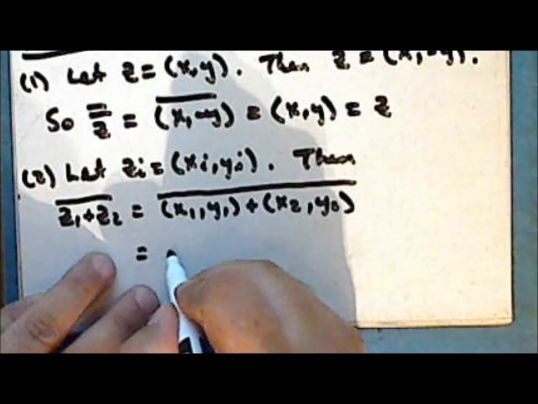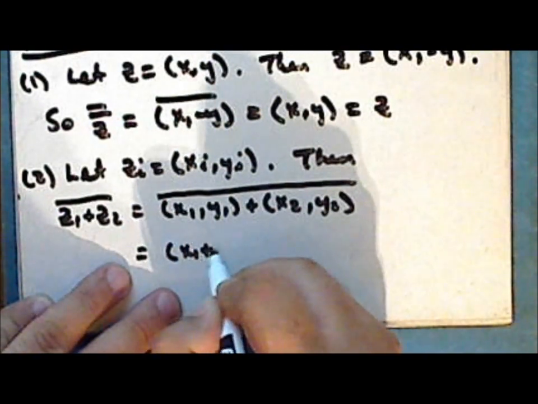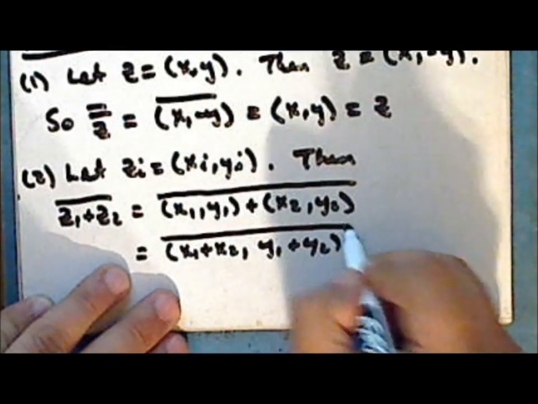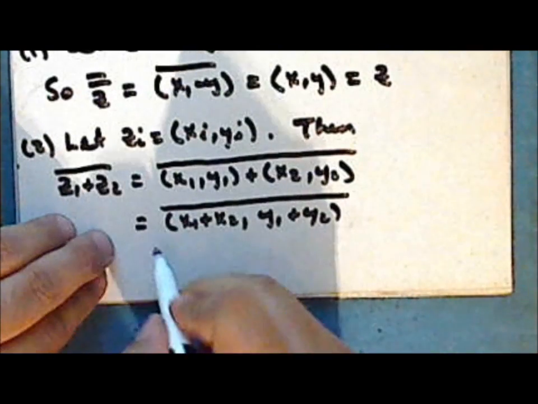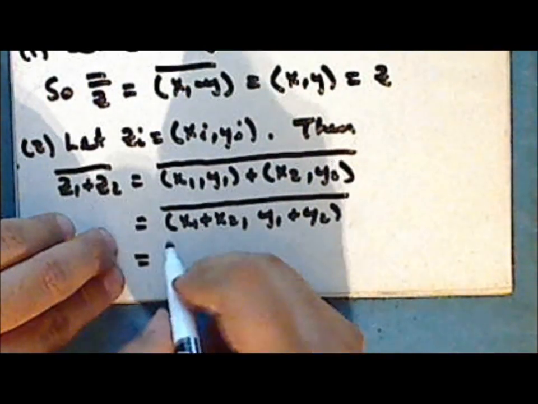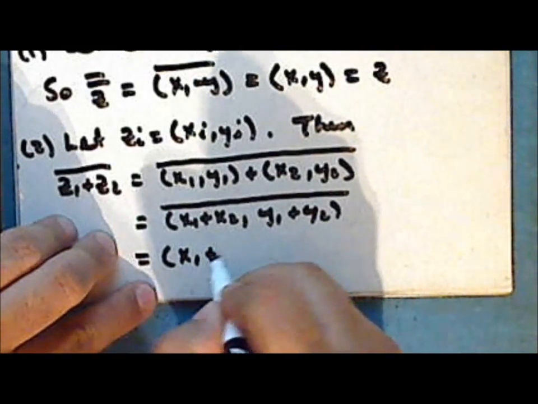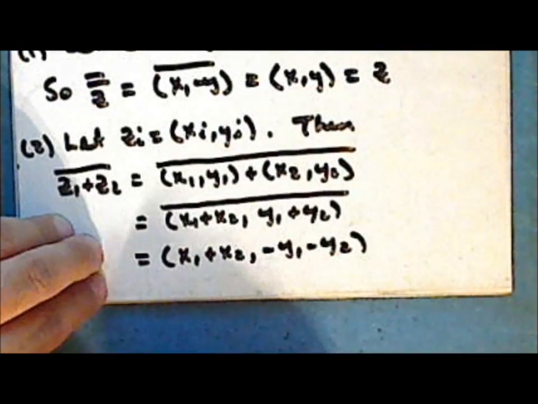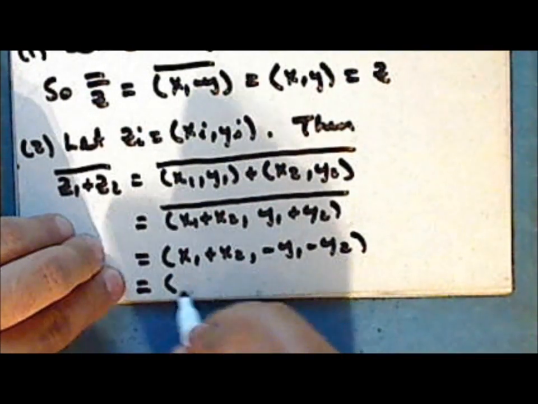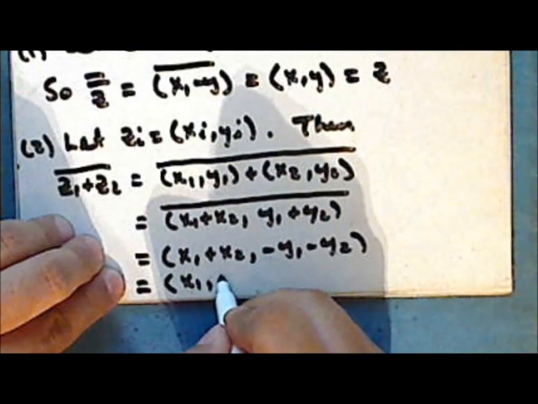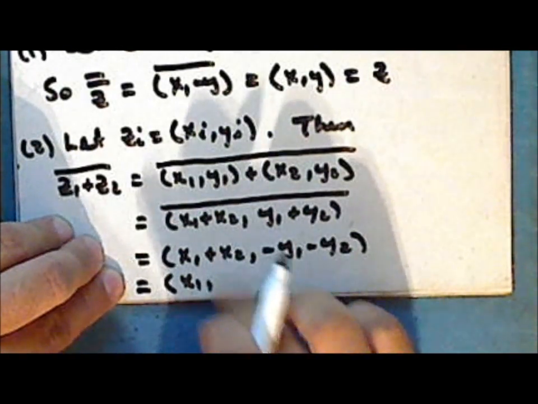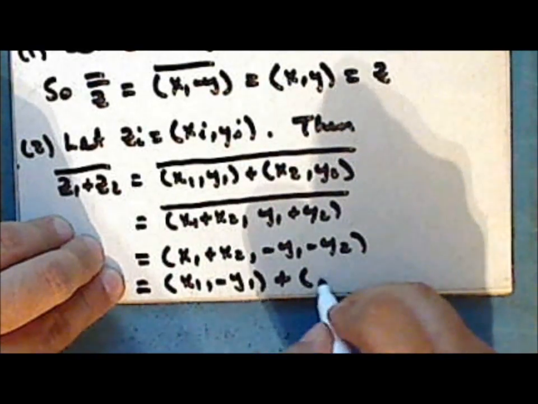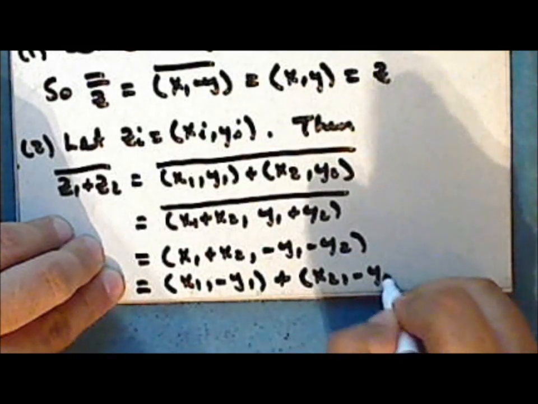This is the conjugate of the ordered pair (x1 plus x2, y1 plus y2). The conjugate of this ordered pair is the ordered pair (x1 plus x2, -y1 minus y2). This is the sum of the ordered pairs (x1, -y1) and the ordered pair (x2, -y2).